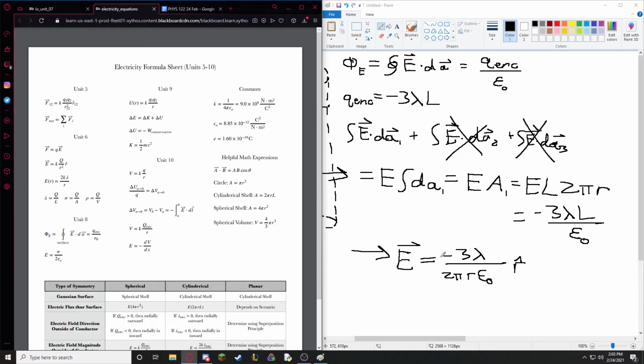I want to double check we actually got the right answer. First of all, how are k and epsilon not related? Sorry, I'm a little slow on the math.